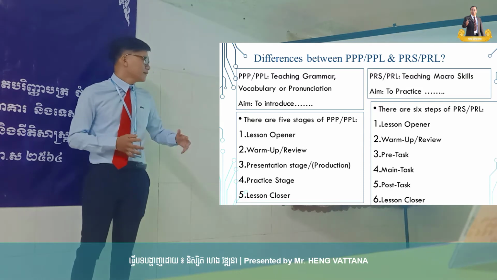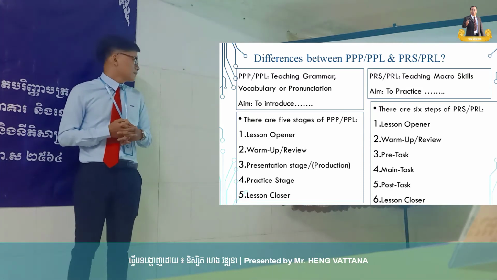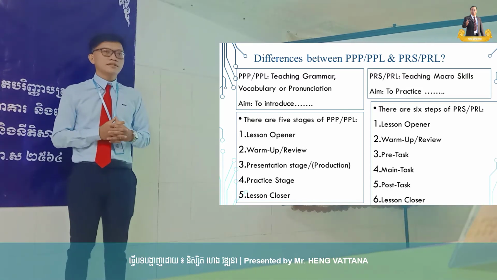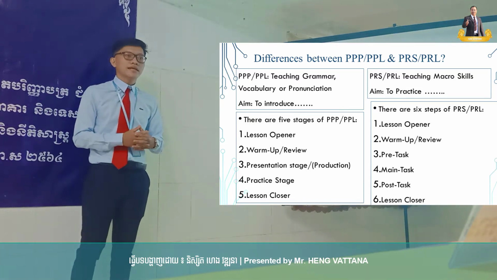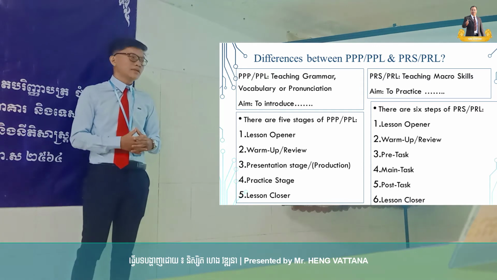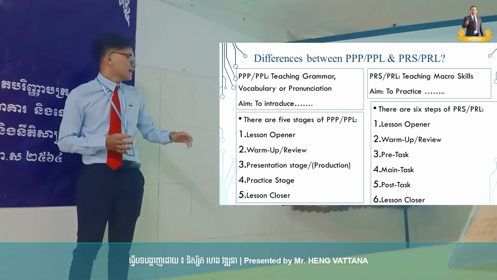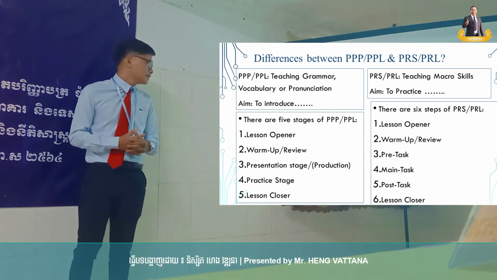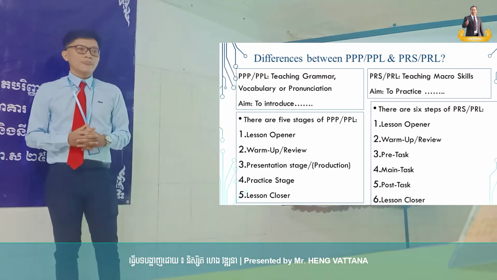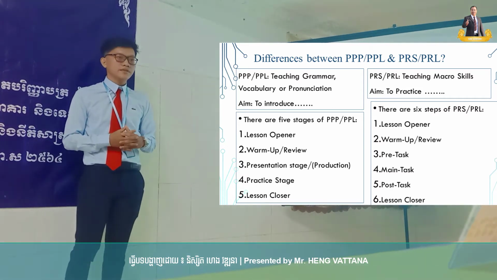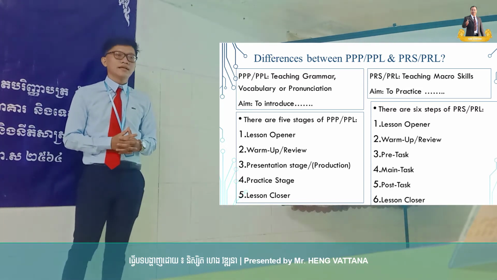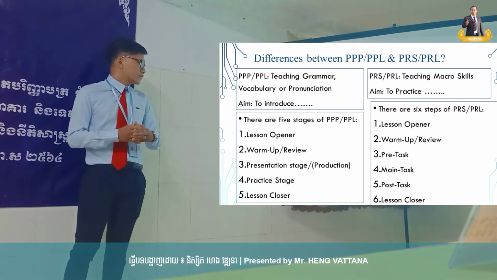And the third is the presentation stage. In the presentation stage, the teacher tells the students the objective of what they will learn today. The fourth is the practice stage. The practice stage requires the teacher to let their students work in pairs or do exercises in their groups.